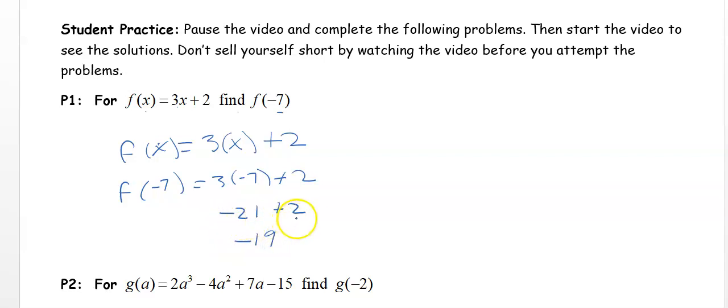When I add signed numbers and the signs are different, I subtract. 21 minus 2 is 19, but then I keep the sign of the larger value, which was the 21. So I get f of negative 7 equals negative 19. The point negative 7, negative 19 would be a point on the graph of this function. All right, if you didn't try problem 2 yet, go back and try it, and I'll do that next.